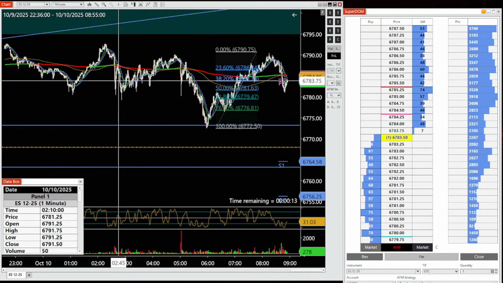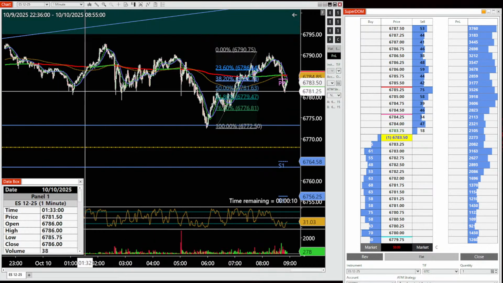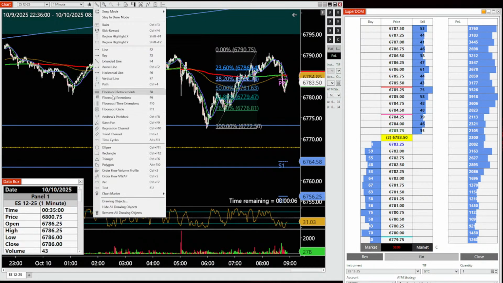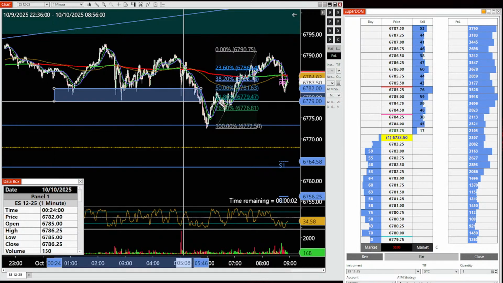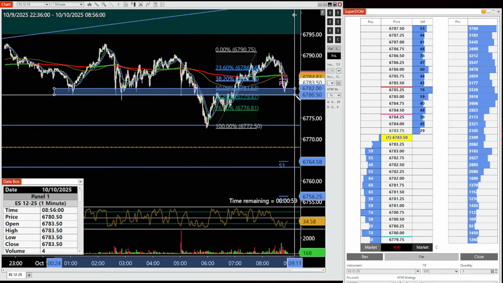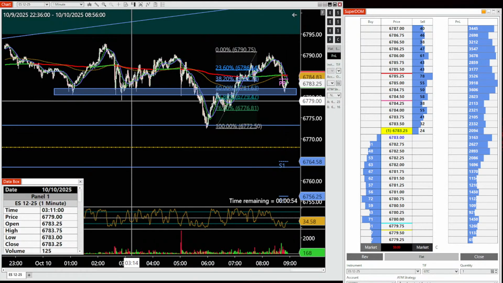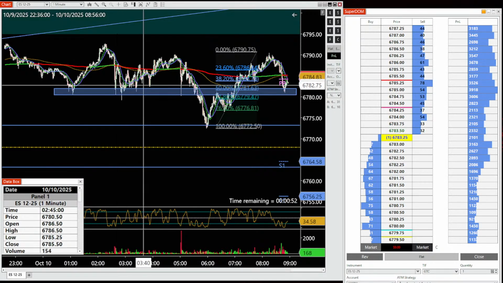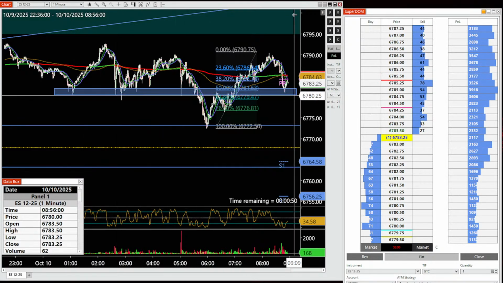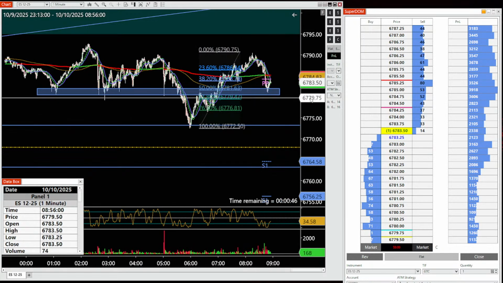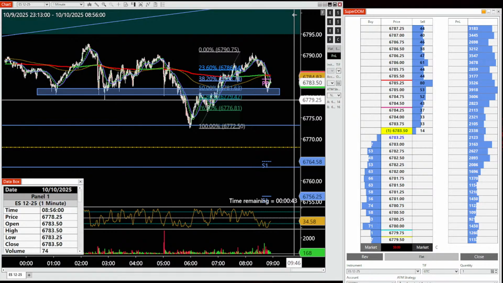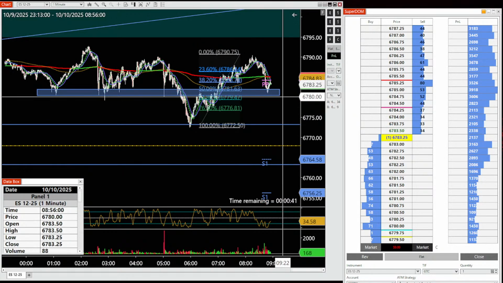This support came down. We've been bouncing off this area here. Had a little dip below, but we've been bouncing in this area, and we did again here. That's 6780. We've been bouncing off that 6780.